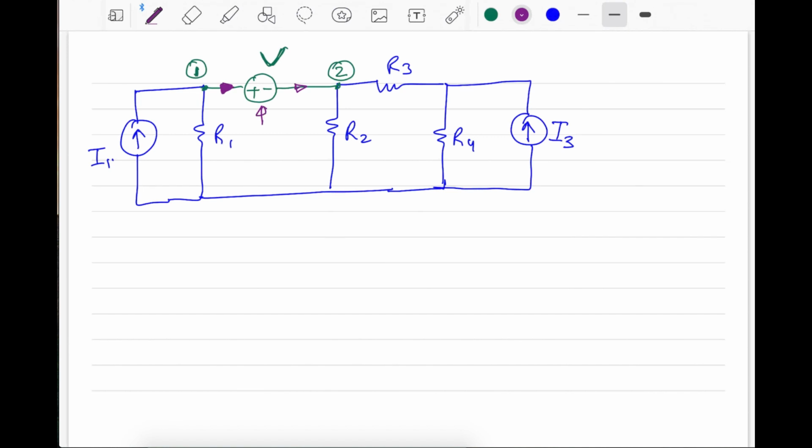You can recall the current versus voltage characteristics of the ideal voltage source, where it's a vertical line passing through some specific value V naught, which is the value of this voltage source. The current can be anything, positive or negative.